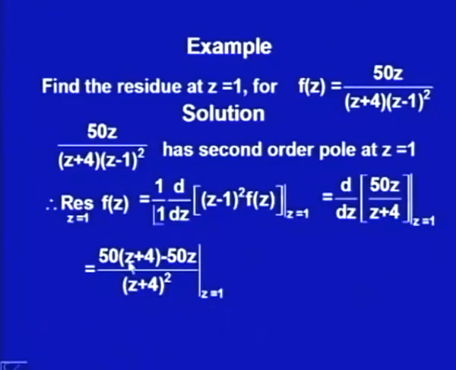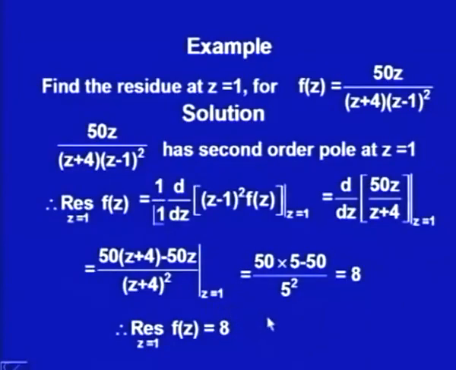When I put z equal to 1, I would get 50 into 5 minus 50, that is, the 50z terms cancel out, and you get 50 into 4 divided by 5 whole square. So that is 25 into 4 divided by 25, and you get 8. So the residue at z equal to 1 is 8.